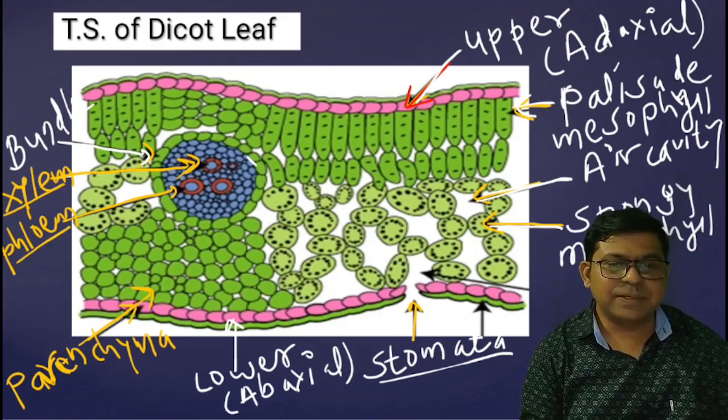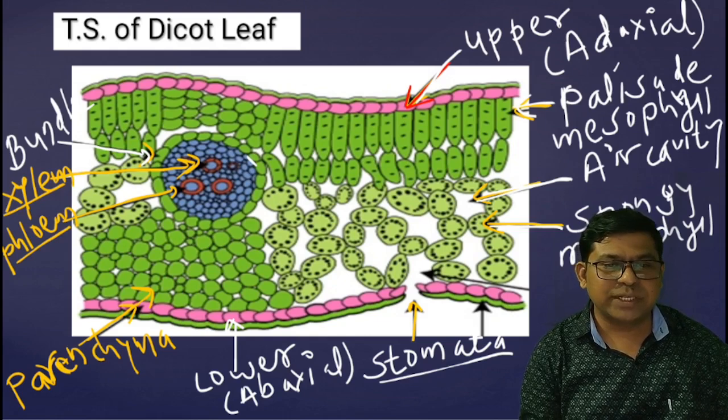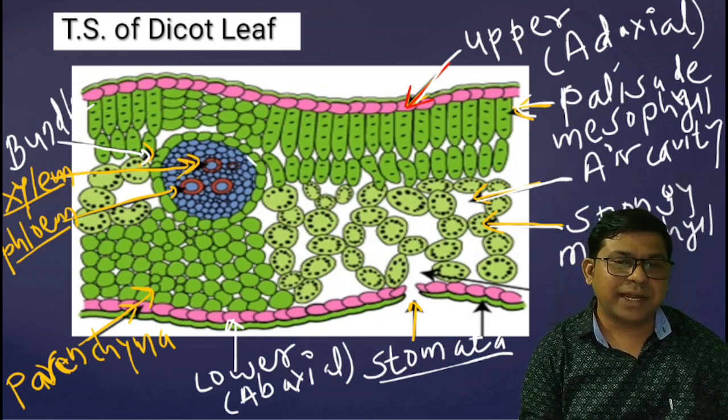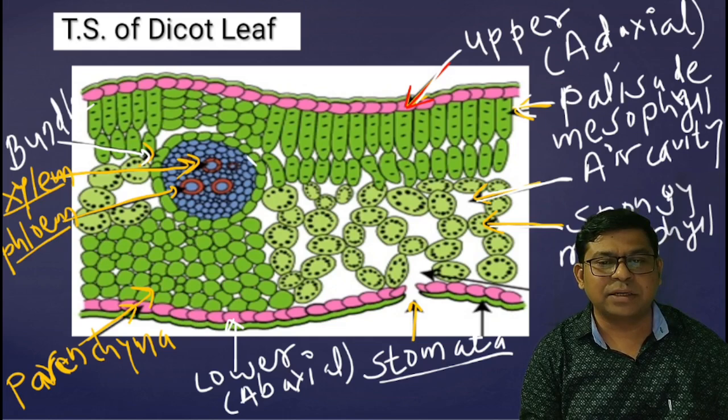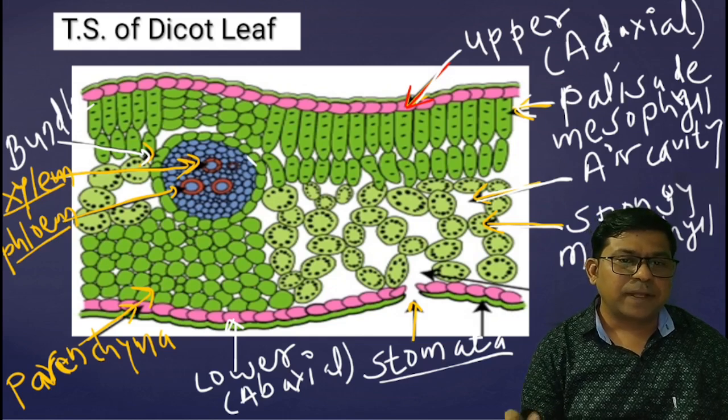If the xylem is associated with the sclerenchyma, it is called the xylem fiber, and when the phloem is associated with the sclerenchyma cells, it is called the phloem fiber. So that's why xylem and phloem are also providing mechanical support to the dicot leaf. The weight of the leaf has a tendency to bend downward.